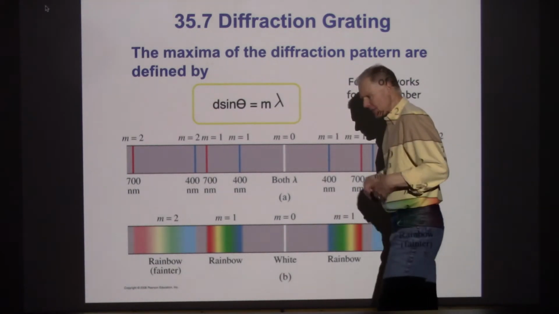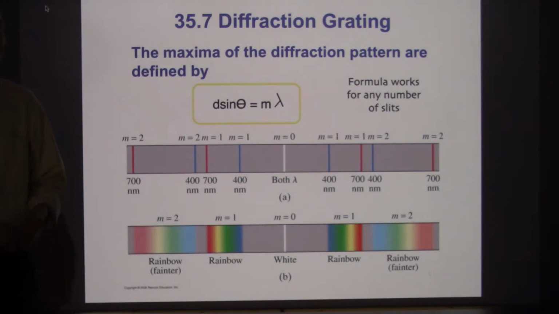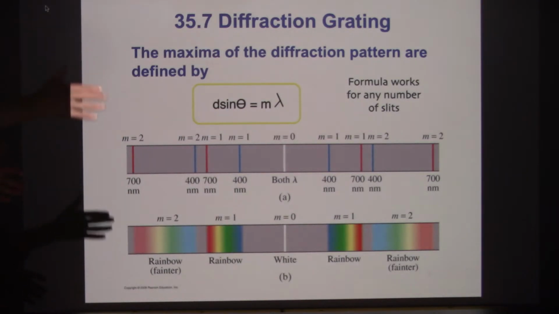Because this is a multiple slit device, the wavelengths are going to get sent into a fairly narrow region. Each wavelength kind of lands at one spot.